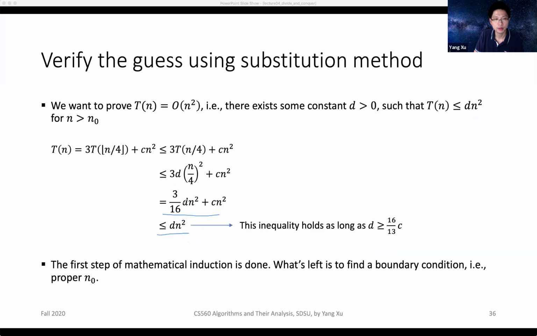We will need to move the 3 over 16 to the right here, and which will result in 13 over 16 d times n squared should be greater than c times n squared, right? So eliminate n squared, so d should be greater than 16 over 13.